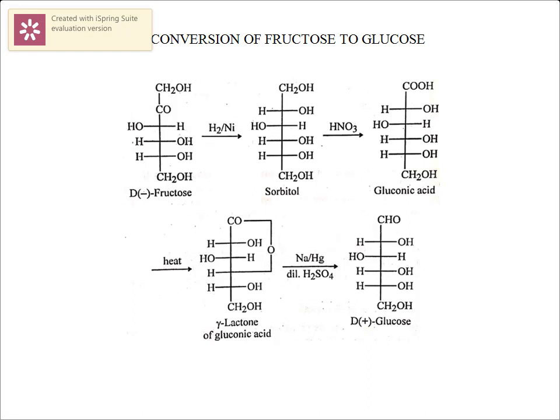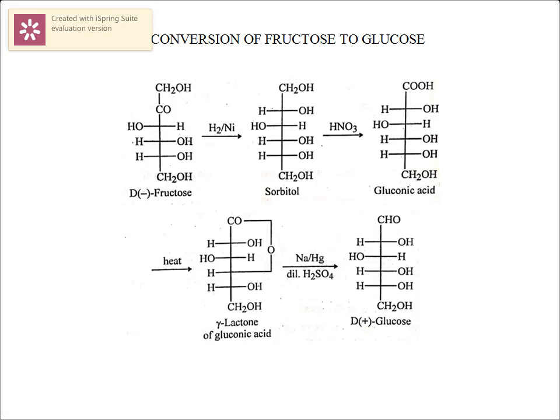You heat it. When you heat, a cyclic ester is formed, a lactone, which is the gamma lactone of gluconic acid. You can see it in the scheme. Which on reduction, hydrogen comes on the top and the ring oxygen goes back to its position as OH to get our D-plus-glucose.